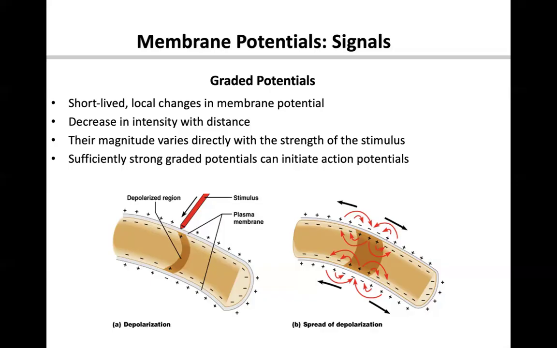Some things to recap: whenever there is a stimulus, if the stimulus is not large enough, it will cause changes in the membrane potential. This change is very local.